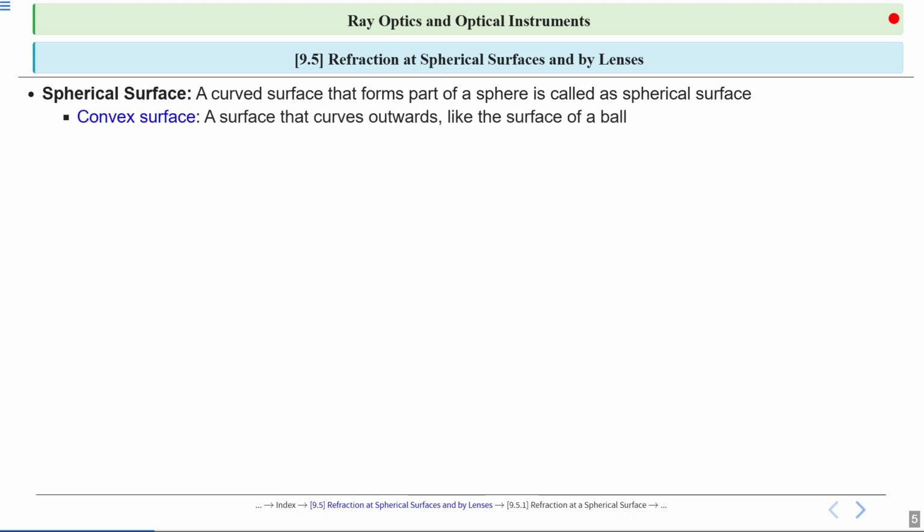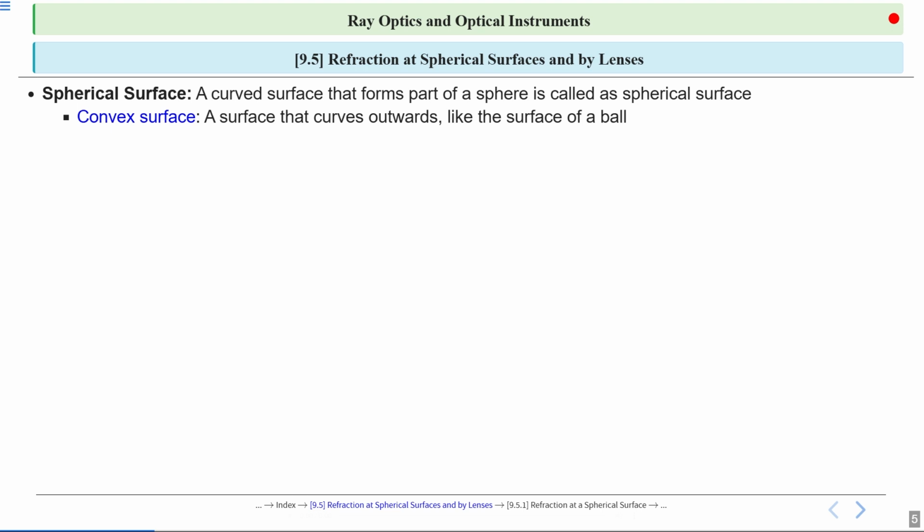Which type of spherical surface? Imagine the surface of a ball, it is curved outwards. So a convex surface is a surface that curves outwards like the surface of a ball. If there is a glass ball, its surface is curved outwards, the surrounding medium is air and the ball is made of glass.